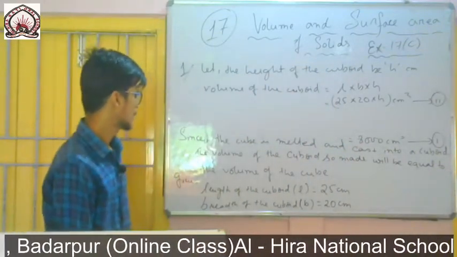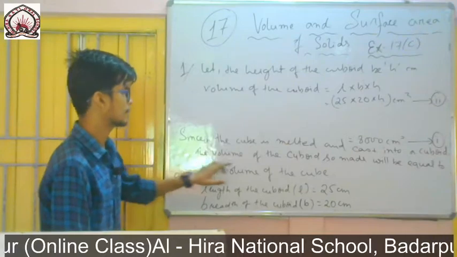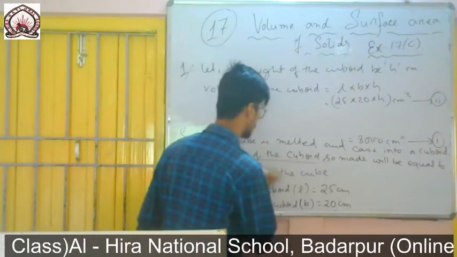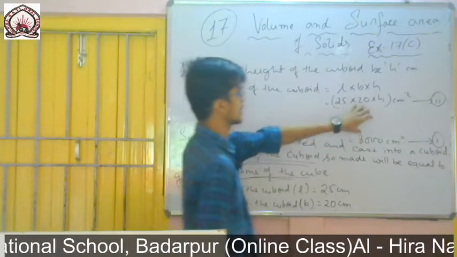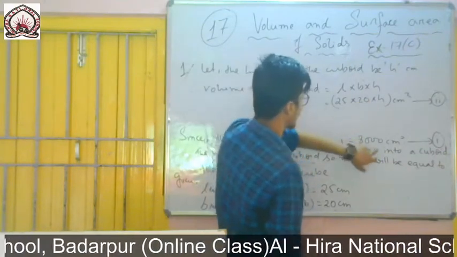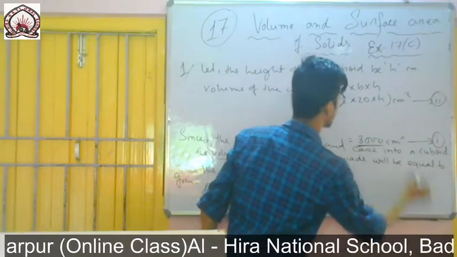Here we have written, you see, the volume of the cuboid is equal to the volume of the cube. So directly I can write, the volume of the cuboid is equal to the volume of the cube, which is 8000.